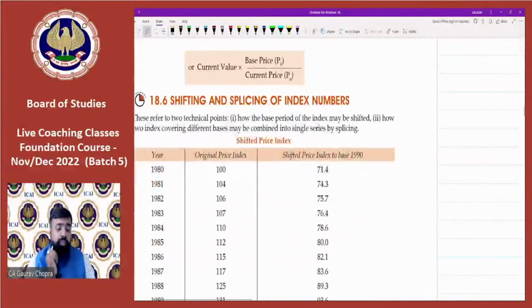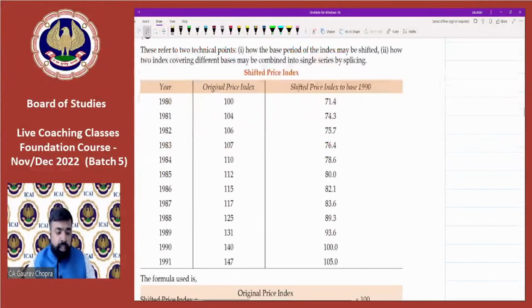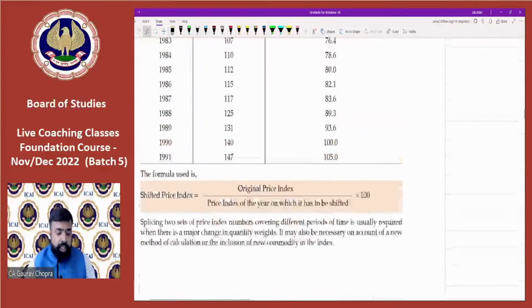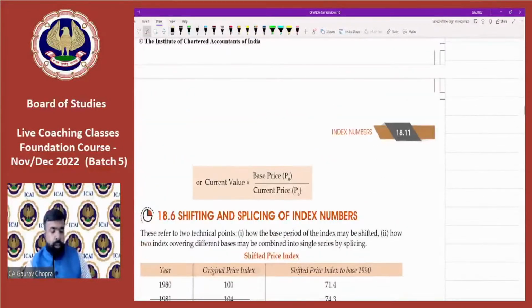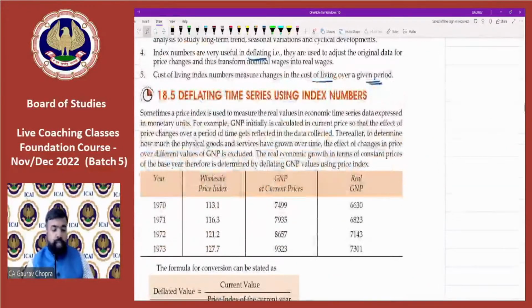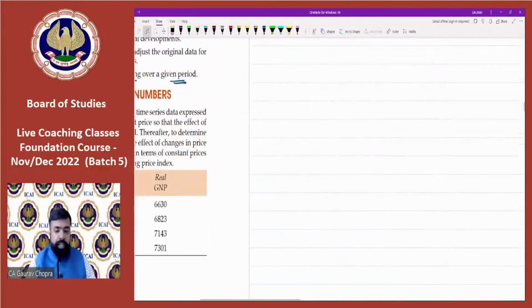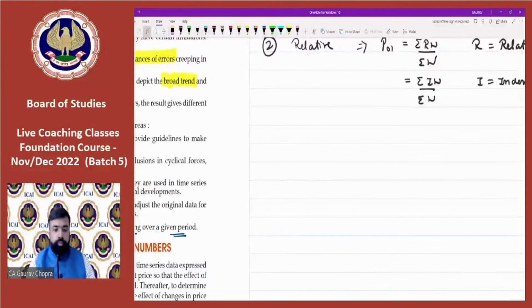So now we have to move towards deflating and then shifting of the price index number. So let us understand the deflating first. We understand this with the help of some example. Deflating of wages.